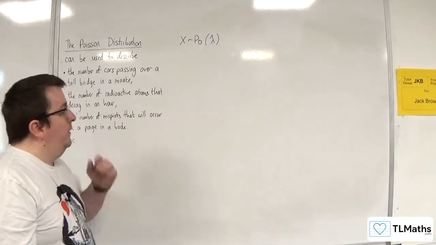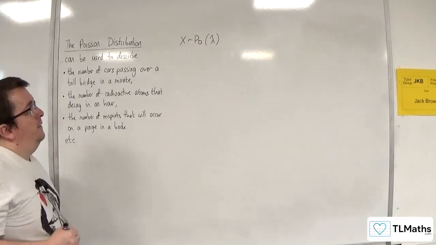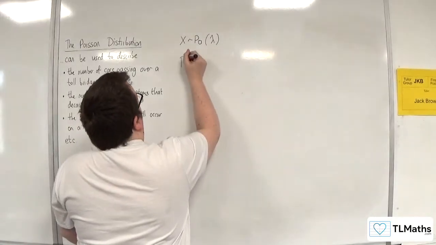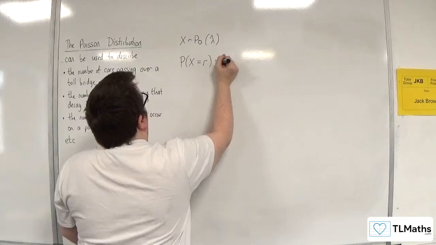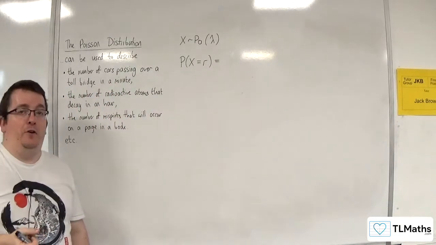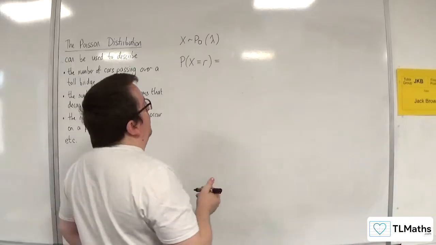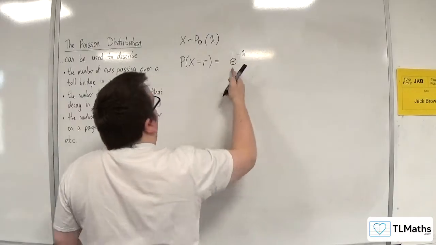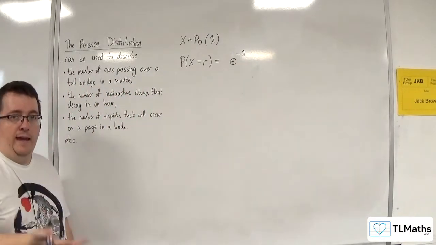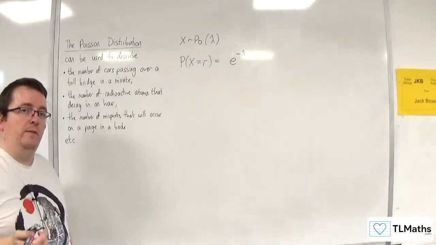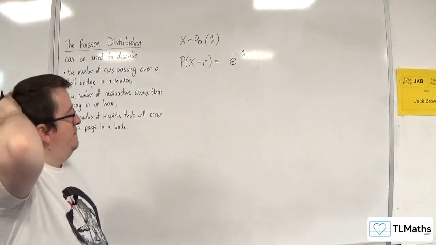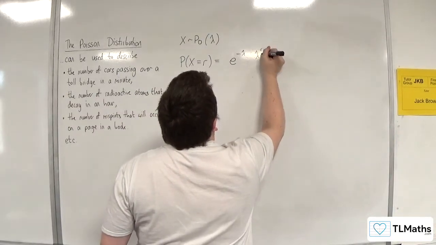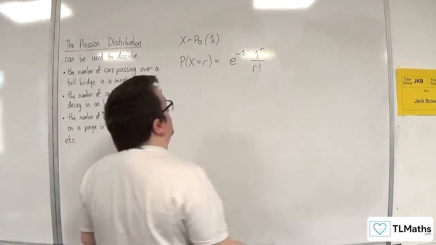Okay, so with that, you then have its distribution itself. So the probability of X being equal to r. Now the formula for this will look a little odd. Probably not what you are expecting, but it starts off with e to the minus lambda. Now e here is the number e that you should have met at this point, so 2.71 etc., the irrational number e, and that's multiplied by lambda to the power of r over r factorial.